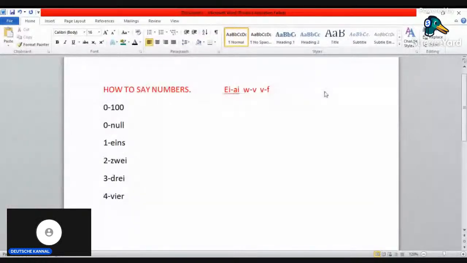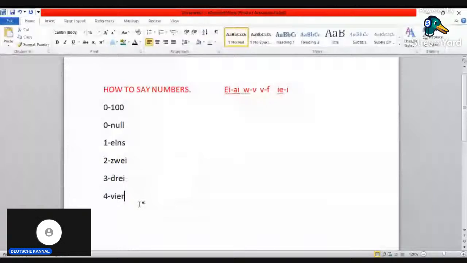Also note that if there's E-I in a word, not E-I, it's I-E, it will be pronounced as I. So that's why you say vier. So null, eins, zwei, drei, and vier.